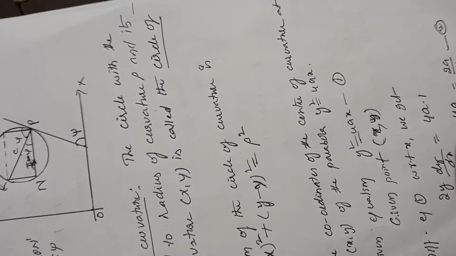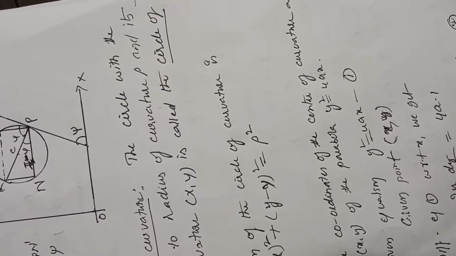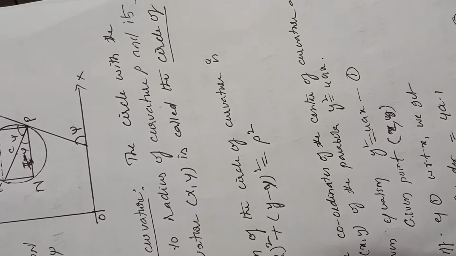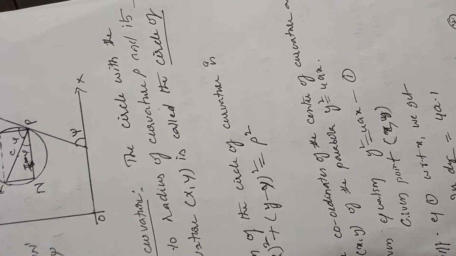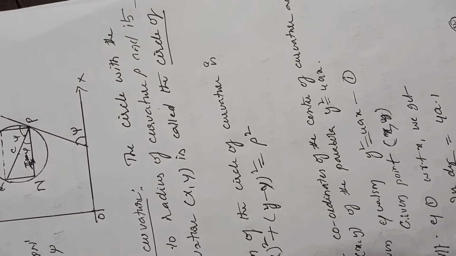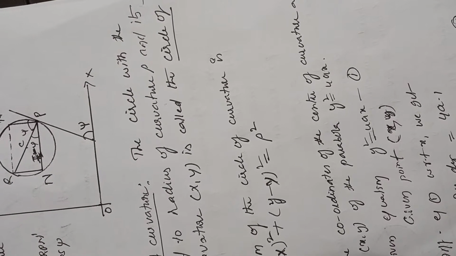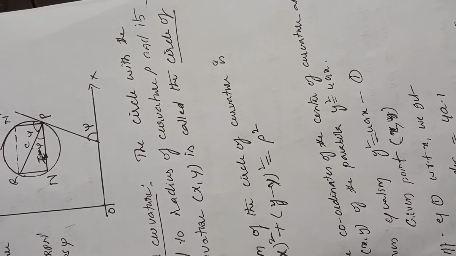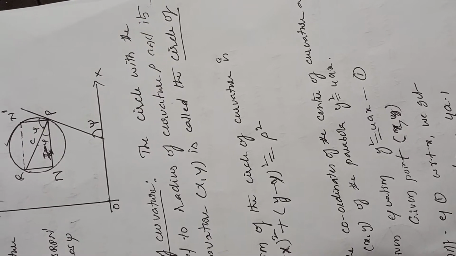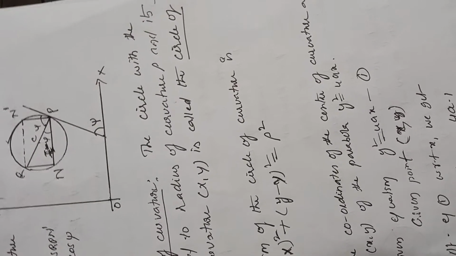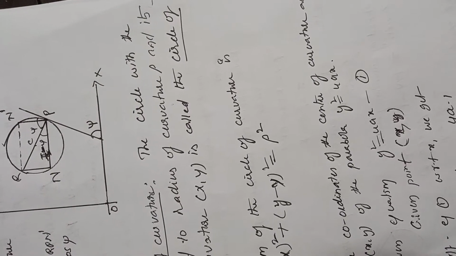Now, the circle of curvature. The circle with the radius equal to the radius of curvature and the center of curvature is called the circle of curvature. Suppose the radius of the circle is equal to r and it is equal to the radius of curvature. What is the radius of curvature? In general it is denoted by rho.